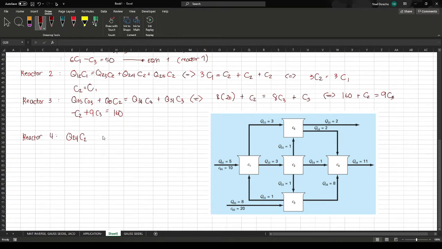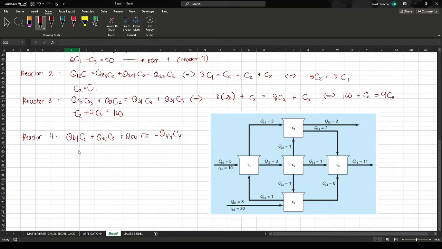and going in also Q34 from C3, going out Q44 C4. So that is Q34 plus Q54 C5 equal to out Q44 C4.